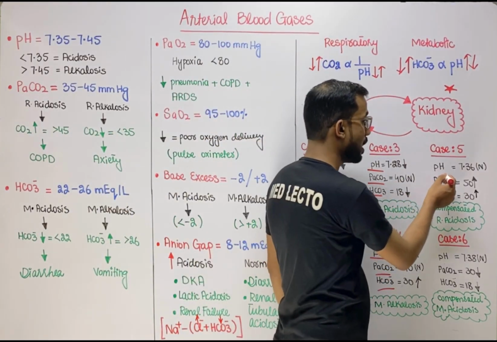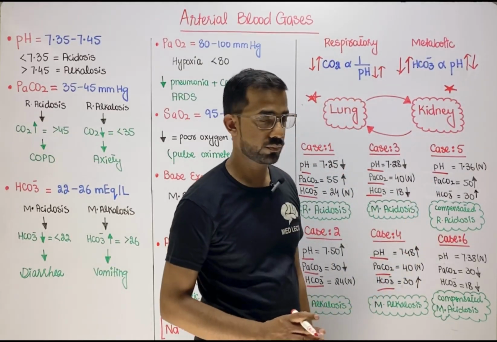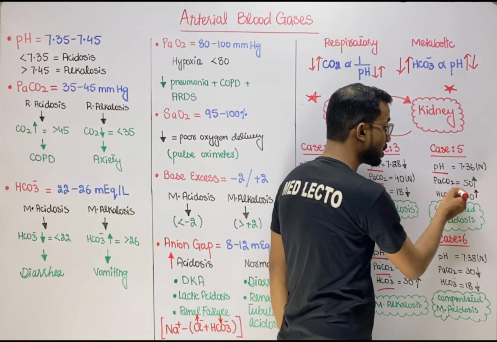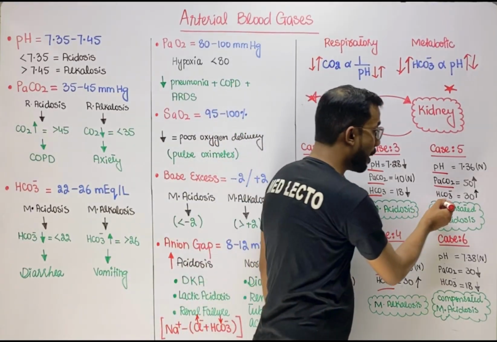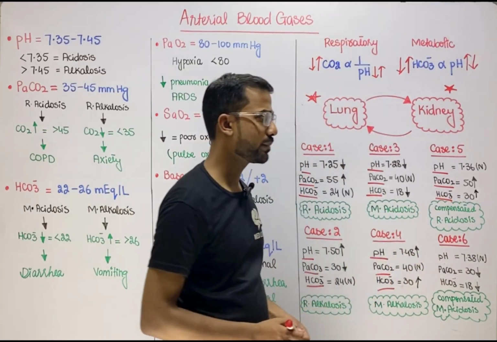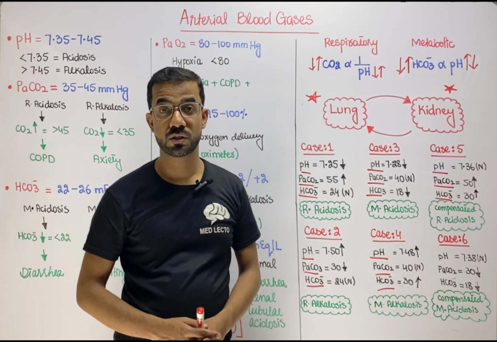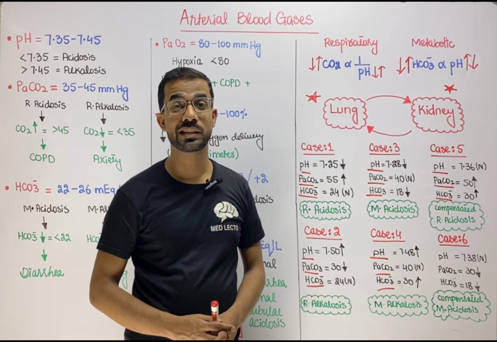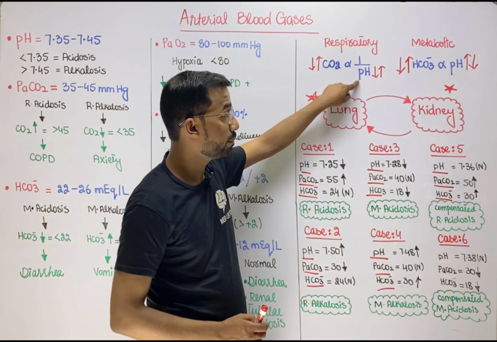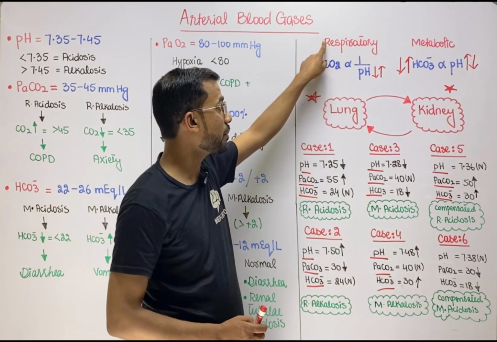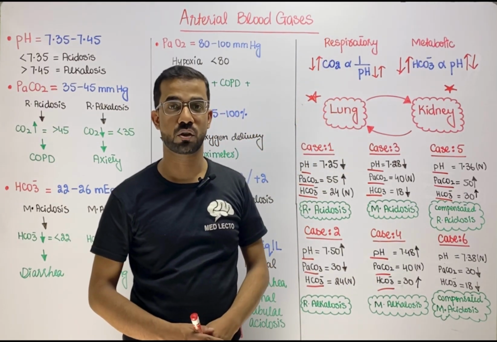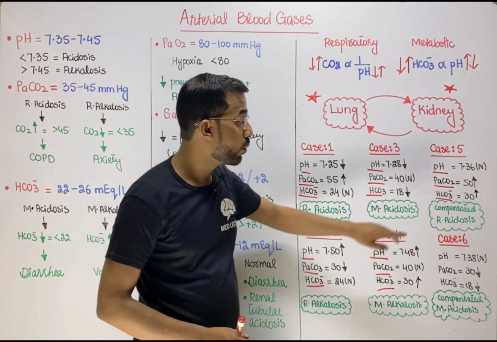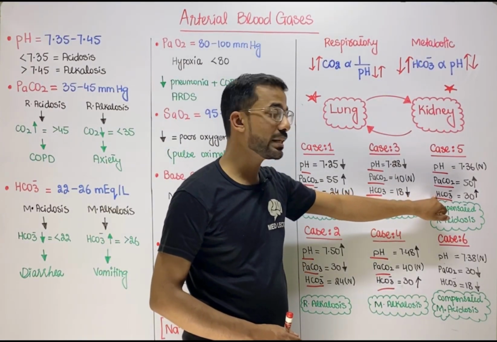You will see the pH is low, normal, but in that case the concentration of carbon dioxide is high, and bicarbonate will also be high. High concentration of carbon dioxide means the pH will be low. In that case, with high carbon dioxide, the pH will be low, and low pH will be acidosis, respiratory acidosis. But why is bicarbonate high?